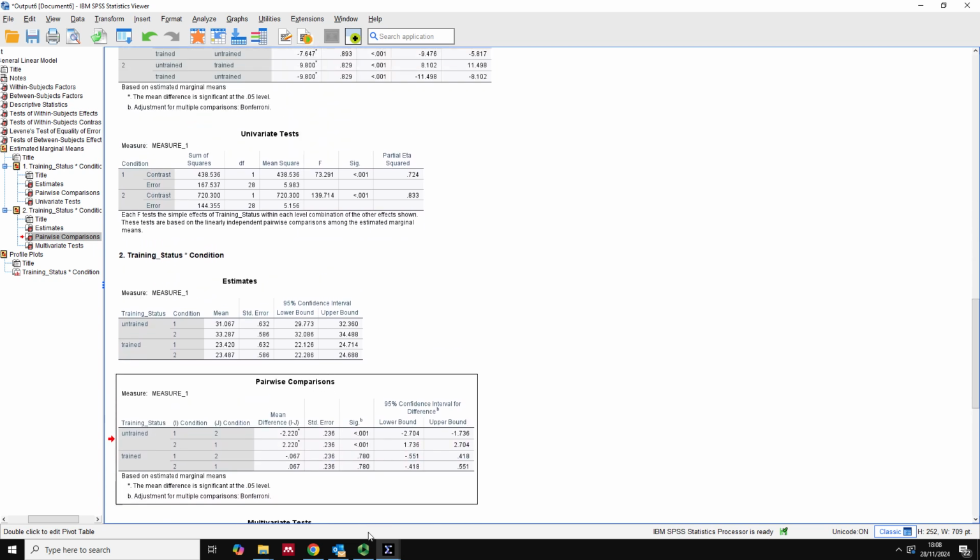We want to essentially highlight here that in the untrained group, caffeine had an effect, whereas in the trained group, it didn't. This could have some implications in terms of our interpretation of the results. It shows that if you ask, does caffeine improve your performance? You would say, it depends if you're trained or untrained.